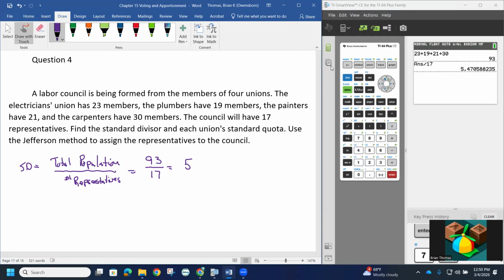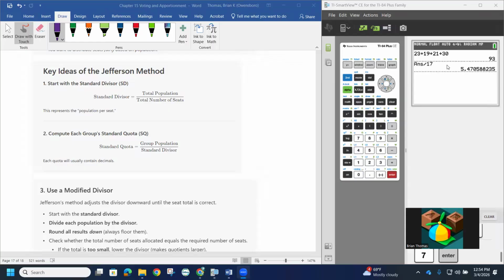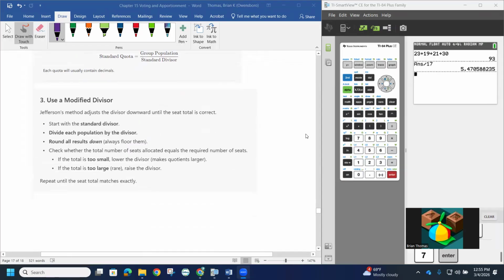So let me pause, just double check on that as well. Looking at some of the methods, it's kind of blurry on what to do with the standard divisor. But what I do know is that in the Jefferson method, the standard divisor very rarely works. So a lot of times we go ahead and do the modified divisor. So when I modify the divisor, let's move it down to 5 and go from there.